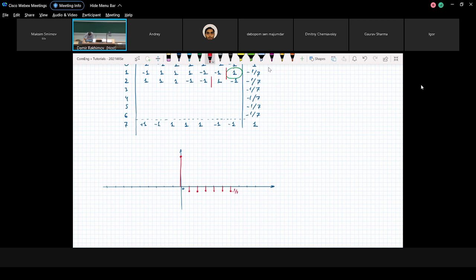And for 7, again we have value equal to 1. In the negative range too: at 7 we have 1, and minus 1 over 7 at all others. Okay, this is our discrete time autocorrelation function.